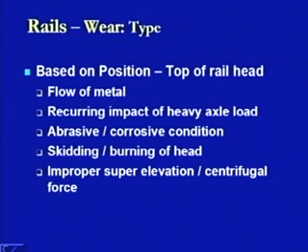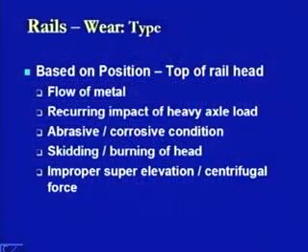If there is an improper super elevation, then unbalanced forces will be induced on the inner and the outer rail sections, and when these unbalanced forces are there, obviously there will be more stress at one location as compared to another location, and therefore there will be a relative wearing taking place at the two rail sections at the same location, and this is obviously related with the centrifugal force. So, these are some of the cases due to which, in the case of the top of the rail head, the wearing is taking place.